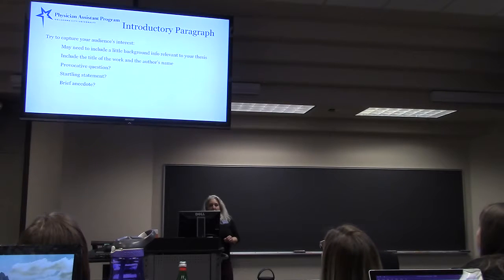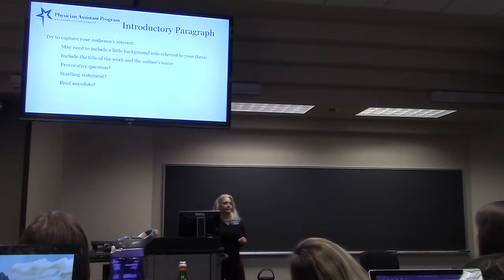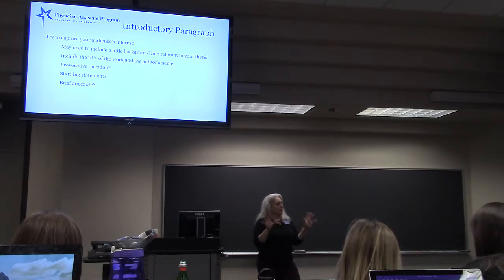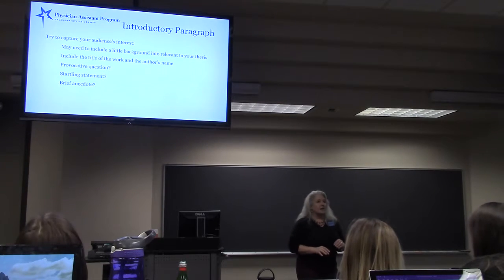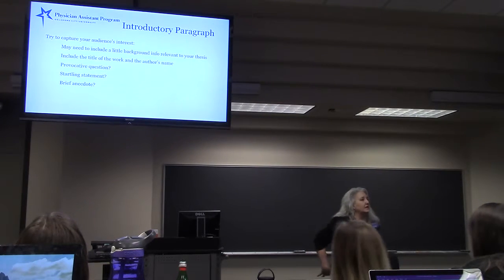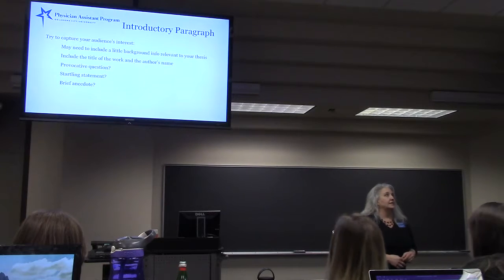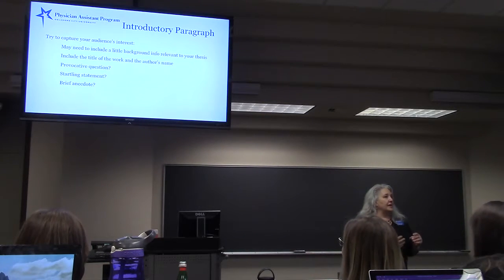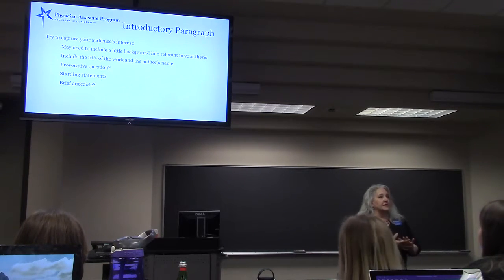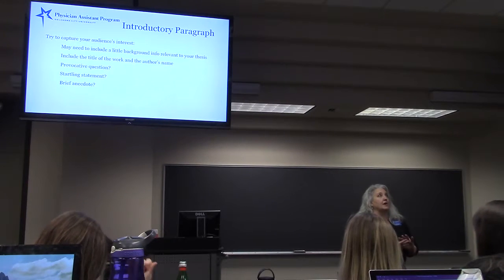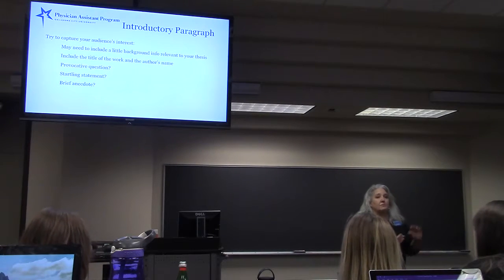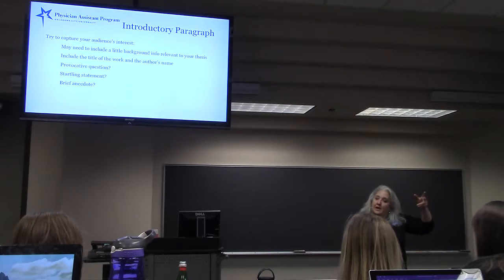So, okay, we've gone through that step. It's not complicated, it's not rocket science, it's not even clinical anatomy. So, the main components of your introductory paragraph: you need to capture your audience's attention. You might need to include a little background relevant to your thesis to support it a little bit.